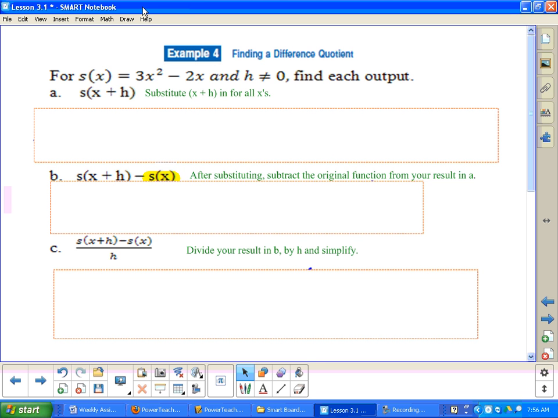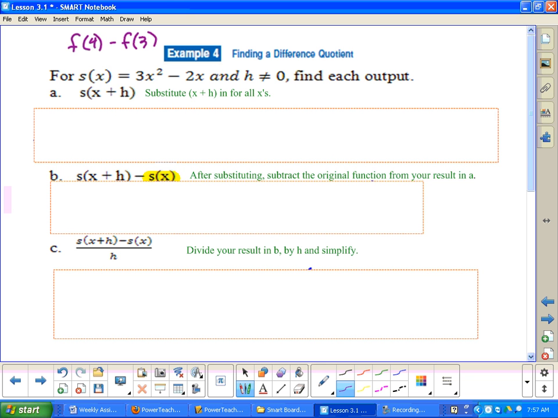In letter A, they want us to find s of x plus h. In other words, they want us to put x plus h in for x. So basically that might be saying that if x was 3, for instance, and I said h was 1, then what I would be doing is taking f of 4 minus f of 3, or s in this case.